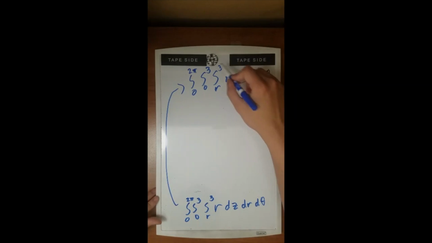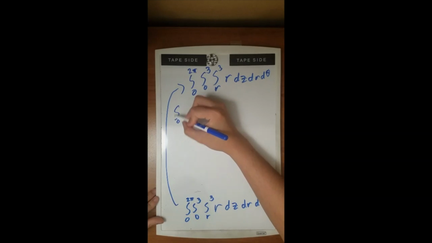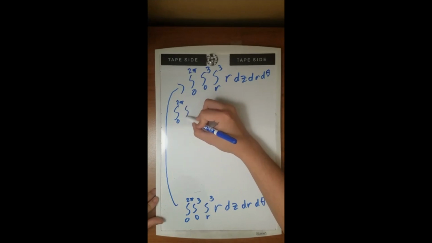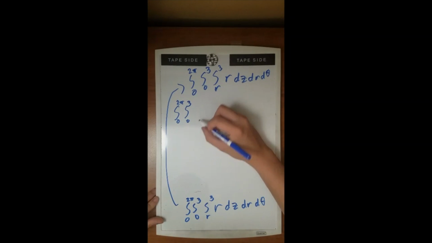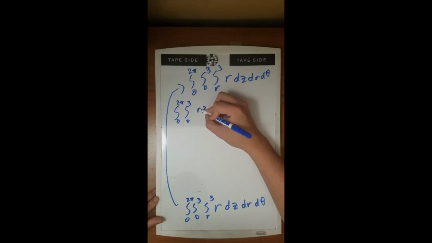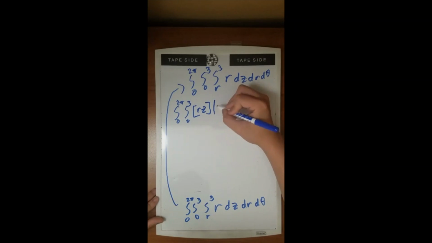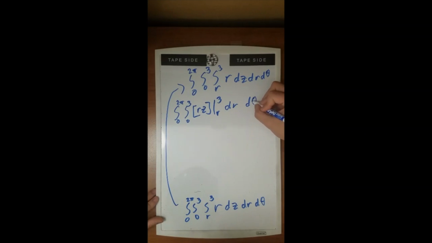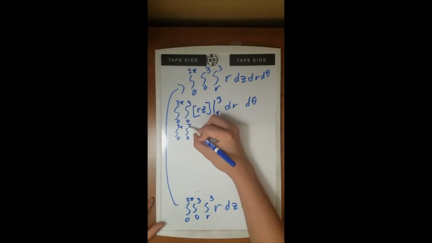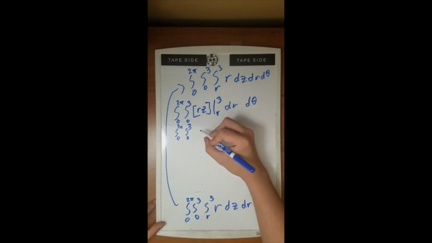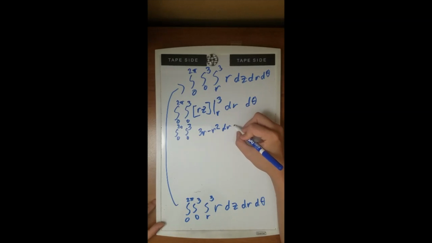And the first thing we're going to want to do is this first integral, so from 0 to 2 pi, and then from 0 to 3, this integral is with respect to z, and so it will be rz evaluated at r to 3, dr, d theta. This one should give us the integral from 0 to 2 pi, the integral of 0 to 3 of 3r minus r squared, dr, d theta.